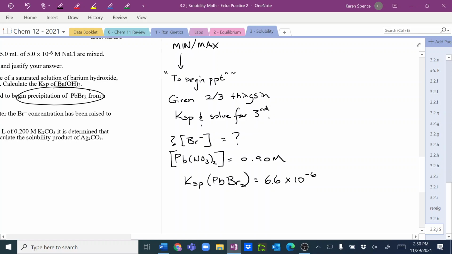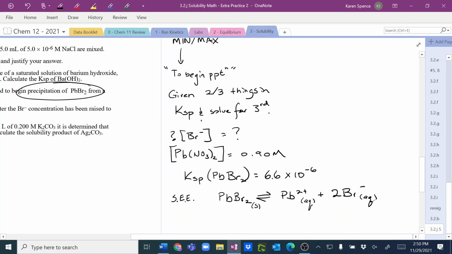So if we were to write our solubility equilibrium equation, because we always get marks for that: PbBr2 solid in equilibrium with Pb2+ aqueous plus 2 Br minus aqueous.